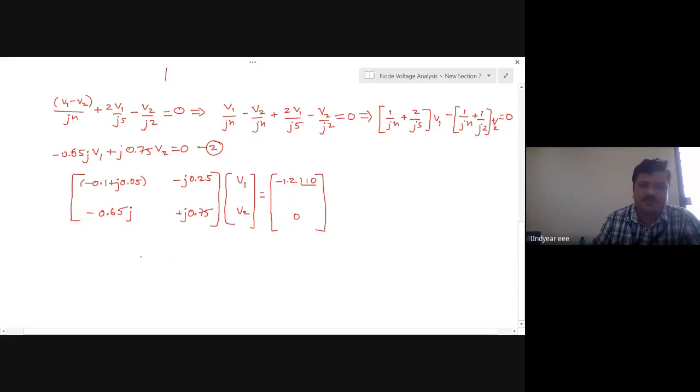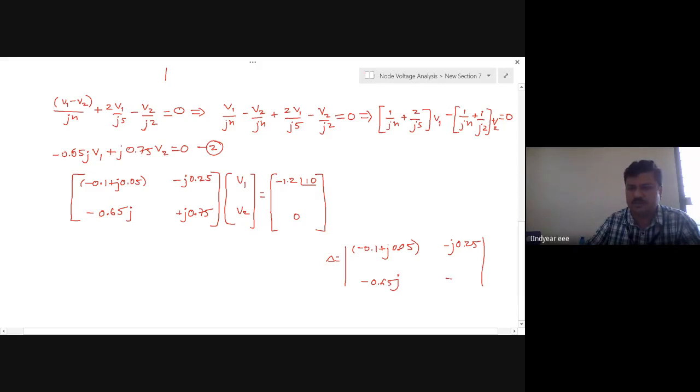Now first I should find delta. What is delta? Determinant of the coefficient matrix: minus 0.1 plus j0.05, minus j0.25, minus 0.65j, plus j0.75.